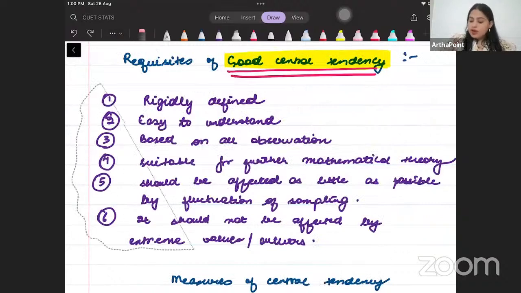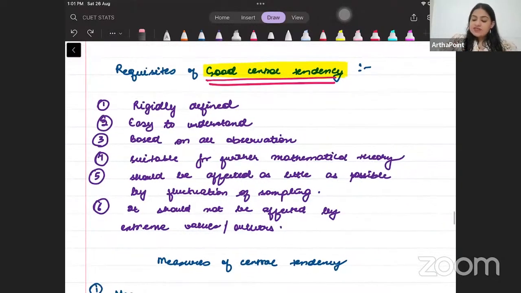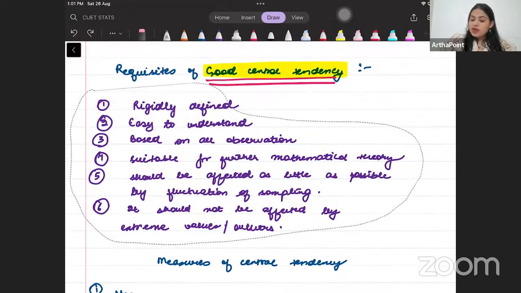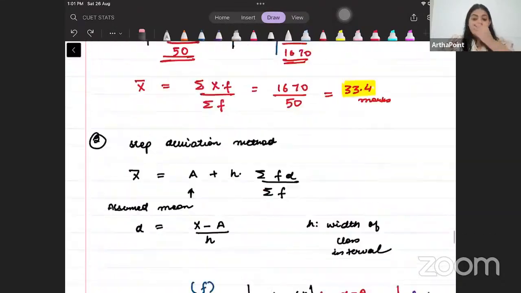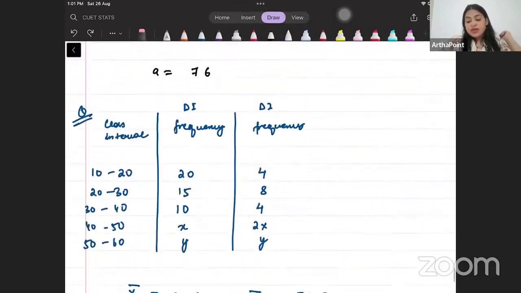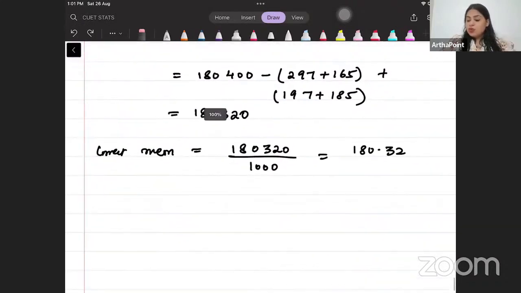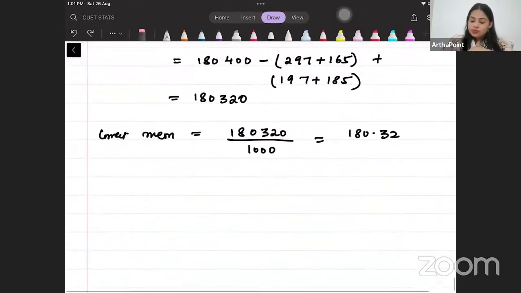So I'm going to check for which values this is being satisfied. Is it being satisfied for mean or not? That is what I want to check. Let me just take this below, and we will check this for everything. I will check this for median also, and for mode also. That is what we want to do.